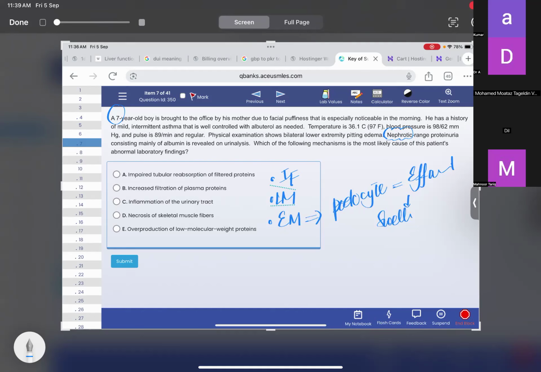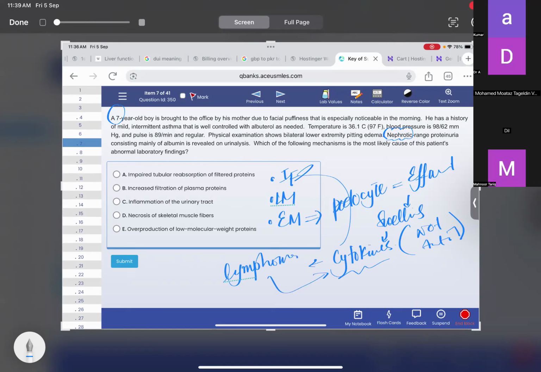So we won't have anything on immunofluorescence, because we have cytokines, not antibodies. And an important cause is lymphoma. So lymphomas are producing a lot of cytokines.